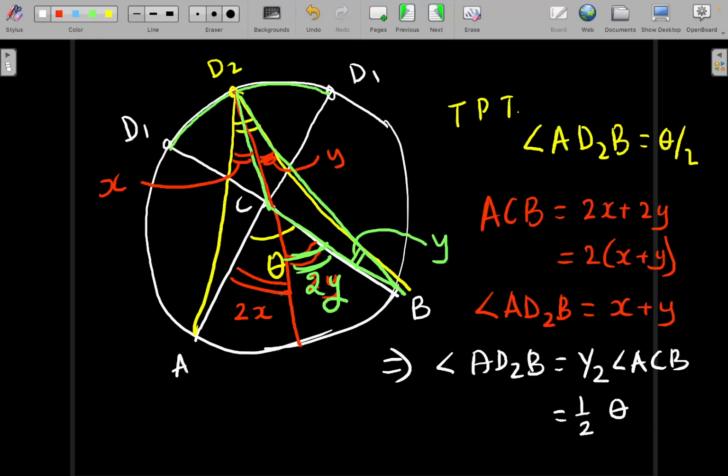Now what I shall do is, I shall not drag this lesson too much. You can use the absolutely same idea to show that if D3 lies on this part of the arc or this part of the arc, so let me just call it D3 and D3, you should be able to carry home the same idea and prove that angle AD3B is also equal to theta by 2.